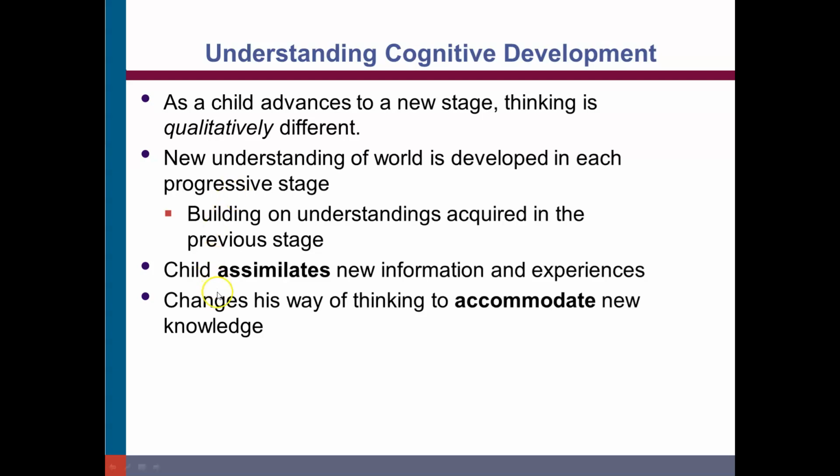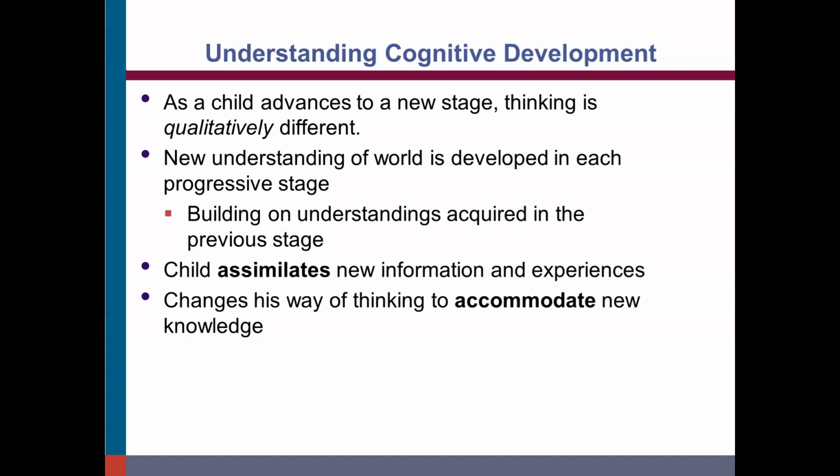Okay. So basically the change of that modality or style of thinking occurs in order to enable the infant to accommodate new knowledge. Okay? So remember, they're experiencing cognitive development through social interaction.